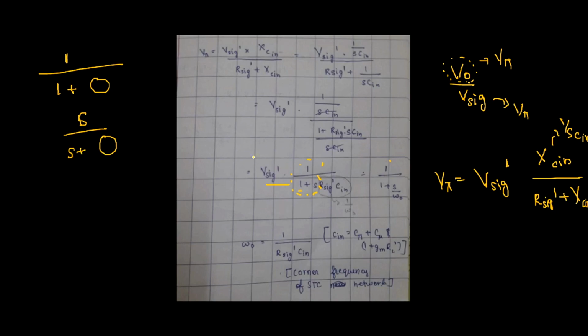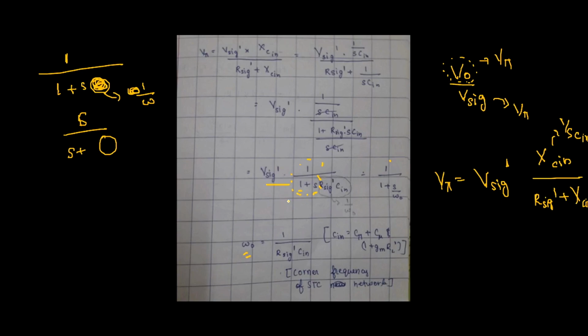So this thing that we have here is what we'll call 1 by omega naught, and so I replace R signal dash into C input with 1 by omega naught. So omega naught is the angular frequency at the corner.